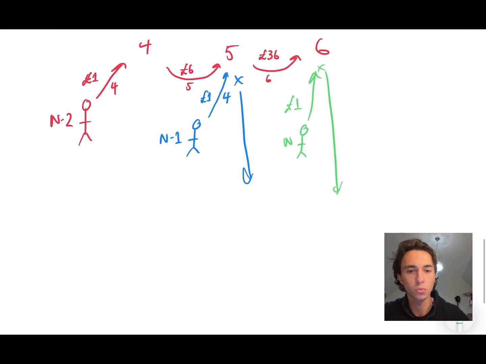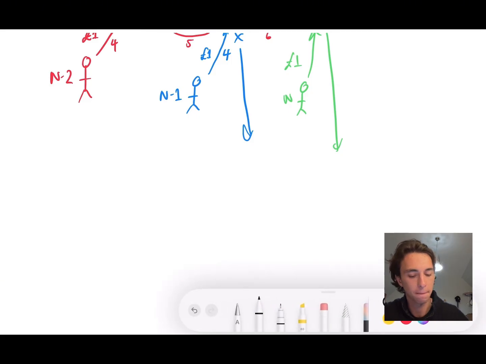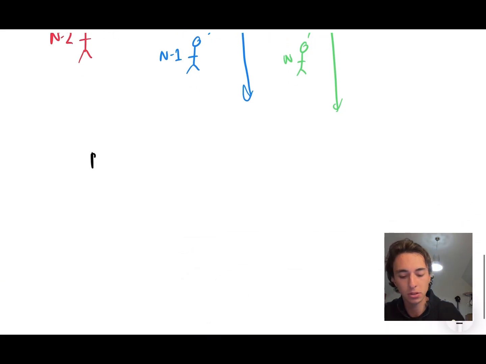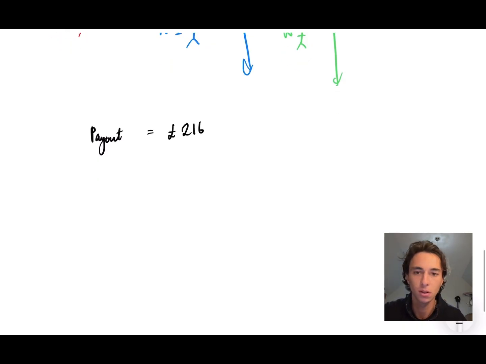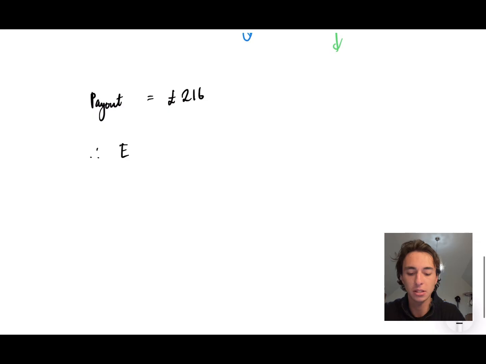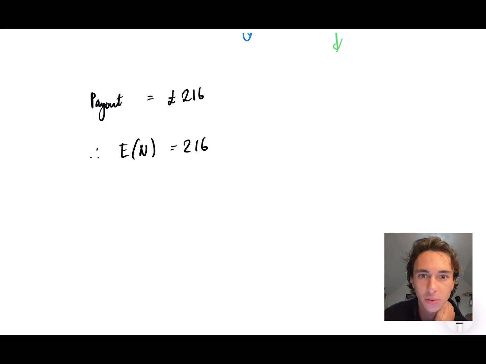And so now we analyze at the end, payout actually just equals 216. Therefore expected. So 4, 5, 6 wins as a marginal edge.